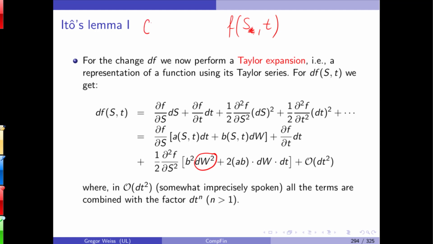If you square 0.1, what happens? It becomes 0.01. If you square now 0.01, it becomes smaller and even smaller and even smaller. And dt already is so small that it's infinitesimally small. So by squaring it, it is almost 0.